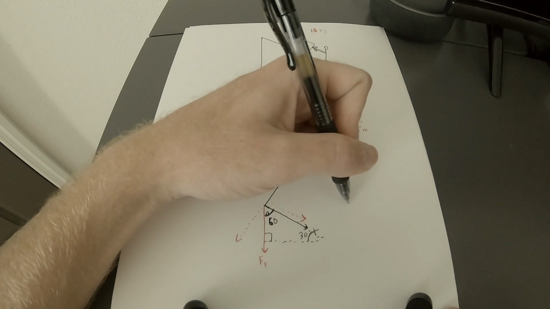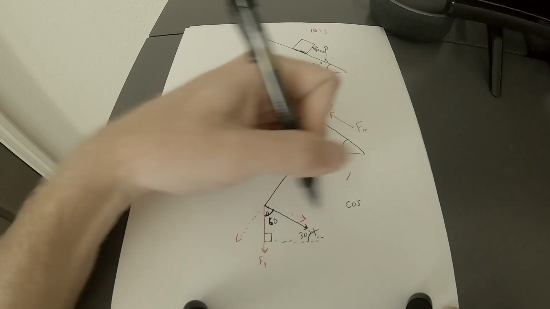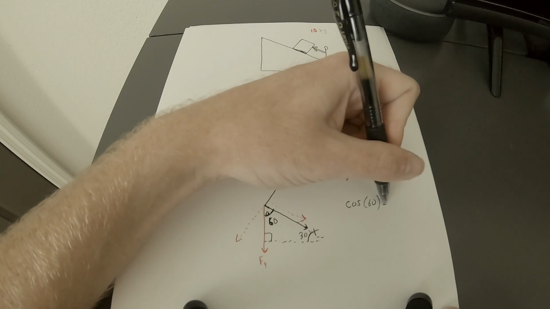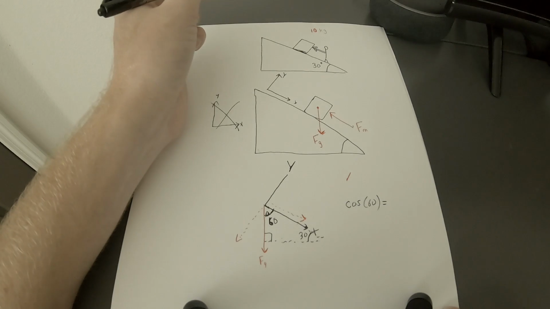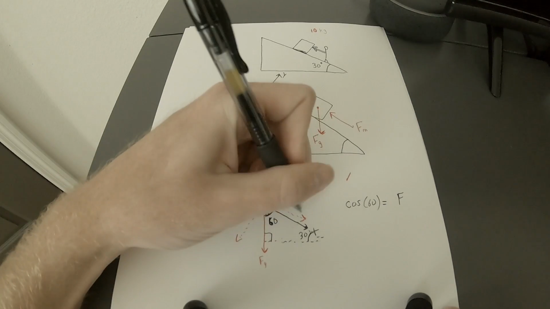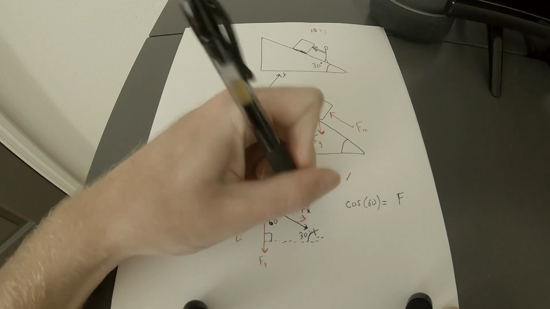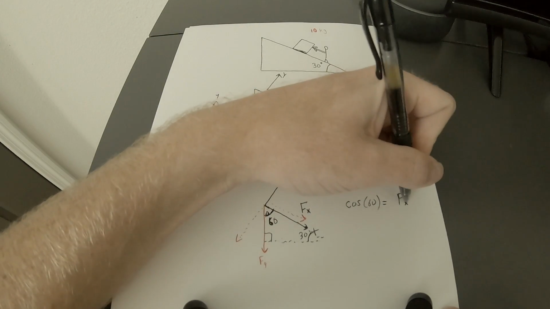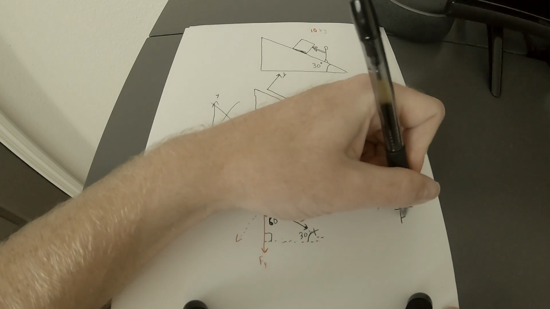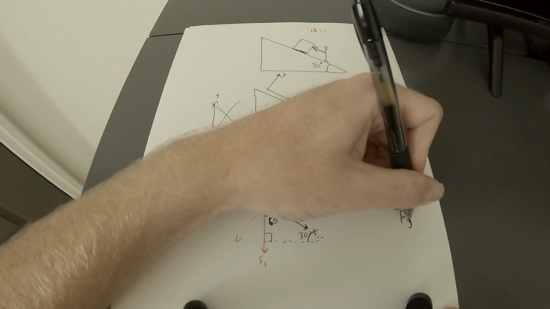So basically what you get is cosine of this angle, which is 60, is equal to, we're going to call this the Fx component, Fx over the hypotenuse, which is the force of the gravity.